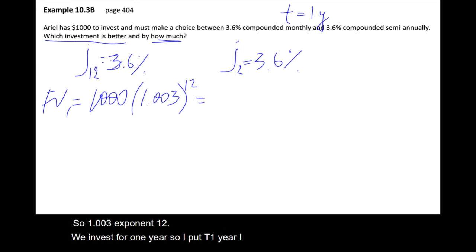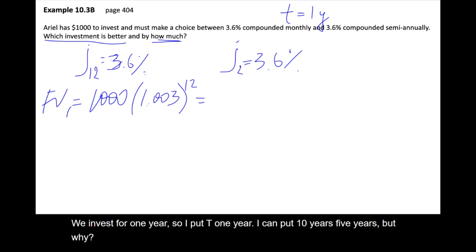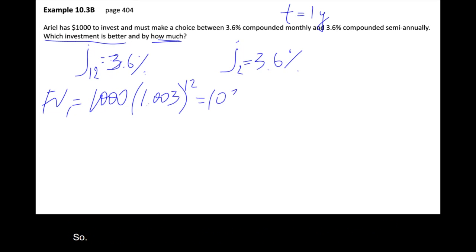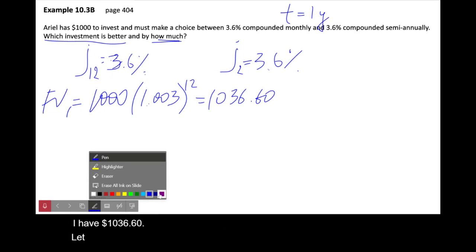I can put 10 years, 5 years, but why? So I have $1,036.60. Let me change colors.